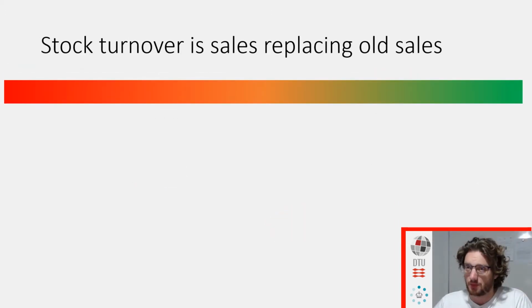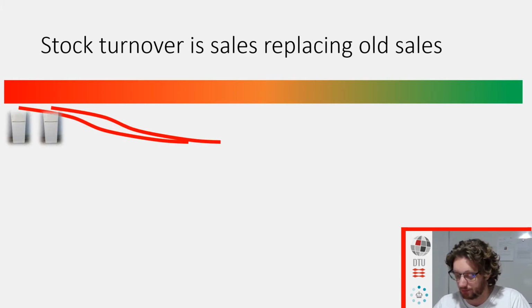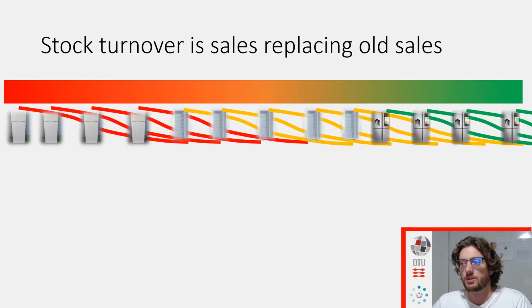So in stock turnover, in the basics, new sales, or sales of new products, replace sales that were done some number of years ago and where the product is still in the system. So going forward, we have a replacing of the different products with a newer product.